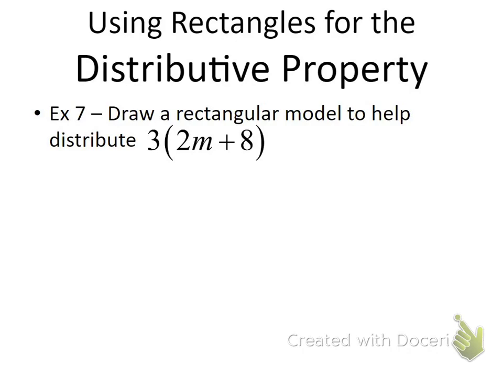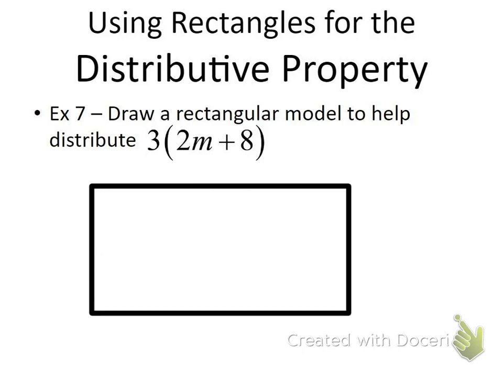Okay, so what kind of area rectangle am I going to draw? So if I draw, you guys know my drawing abilities are not the best. If I draw a rectangle, okay, look how great that rectangle is. When I draw this rectangle, if I want to have one height, am I going to divide my rectangle here?